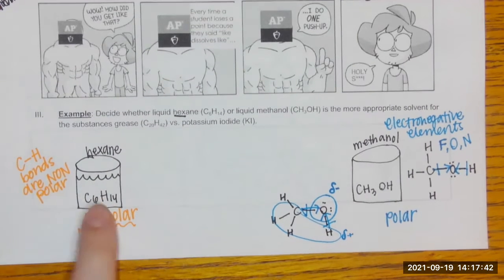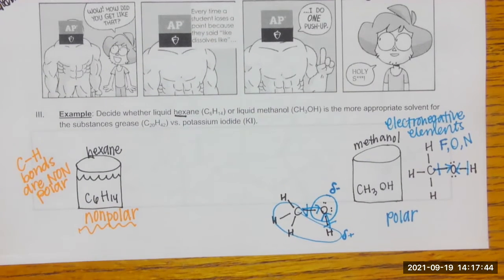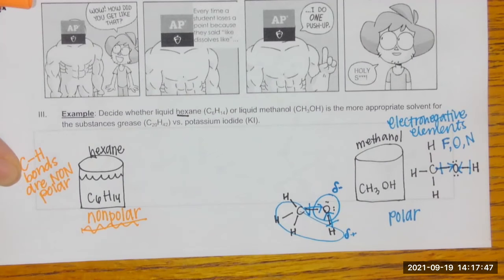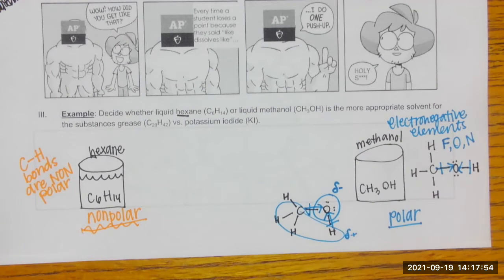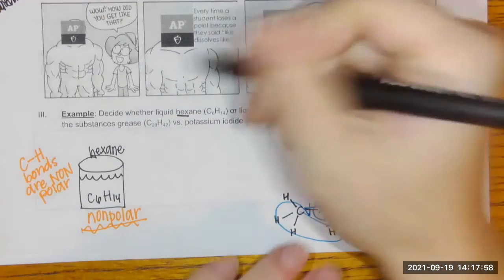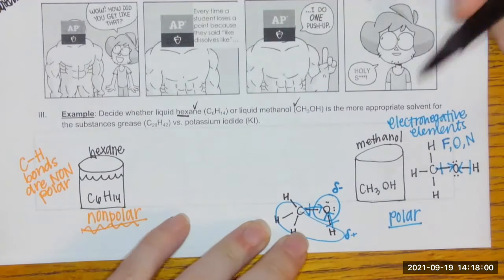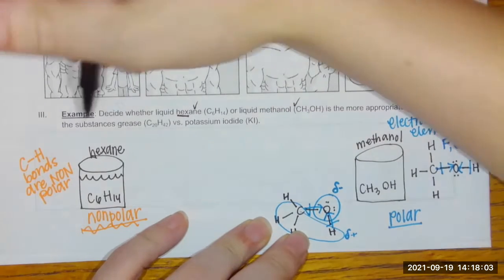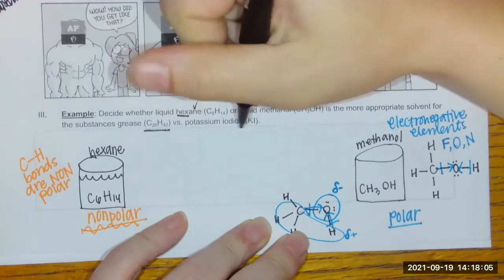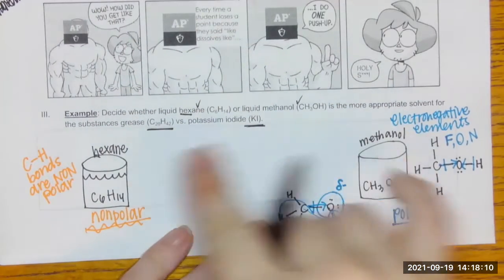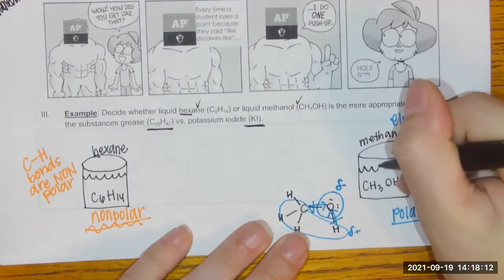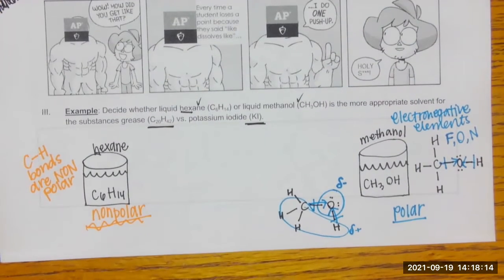Things that should dissolve in hexane are going to be non-polar. Things that dissolve in methanol will be polar or ionic. So I drew that. We're trying to see whether grease or potassium iodide is going to dissolve in these two solvents.